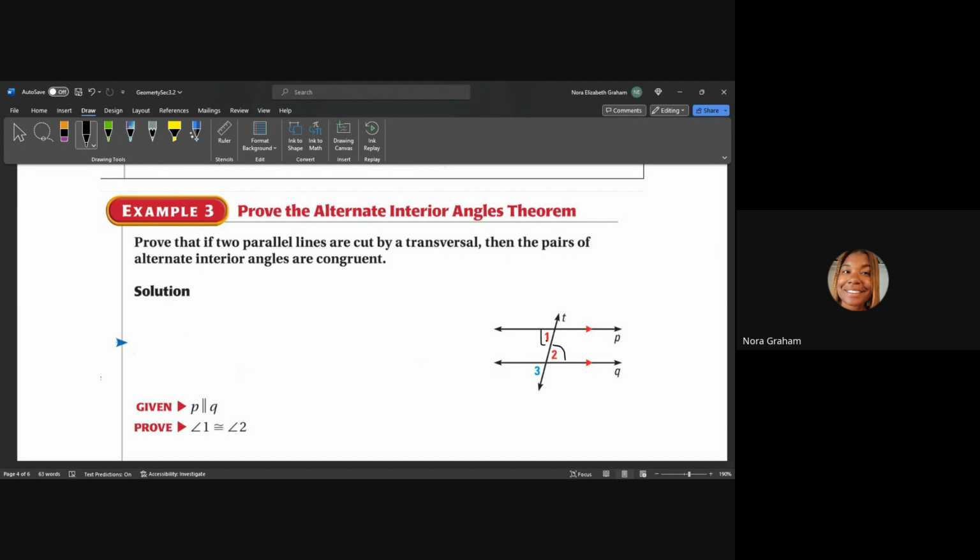So I can notice that angle 1 and angle 3, those are also congruent by one of the theorems that we saw above. Angle 3. And this is by the corresponding angles postulate. Again, I'm going to abbreviate angles postulate.